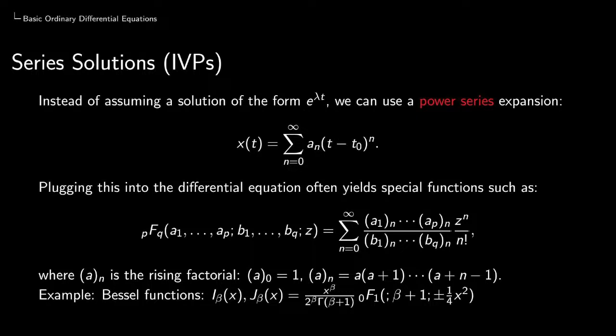So yeah, we can use a power series to try to get a form of a solution. And if you plug this into a differential equation, what will happen in a lot of cases is you're going to often get these very crazy functions coming out. The most generic form of which is what we call a hypergeometric function here, this pFq function. It will have p arguments a and q arguments b, and these describe the coefficients within this power series using the Pochhammer symbol, the rising factorial.